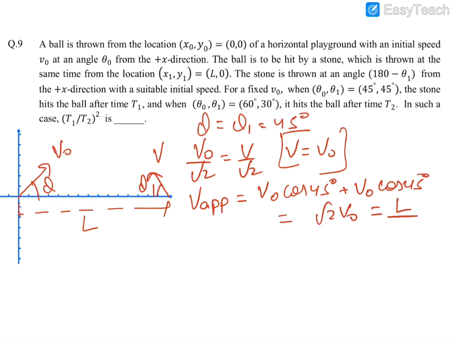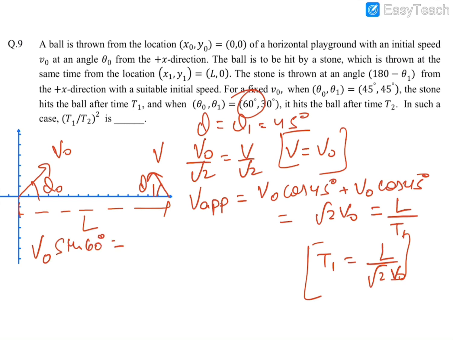and that would be equal to relative distance L by time taken t1. So t1 will be equal to L by root 2 v0. And in the second case, this angle theta naught is 60 degree. So if we equate their y components, then v0 sin 60 will be equal to v sin 30.